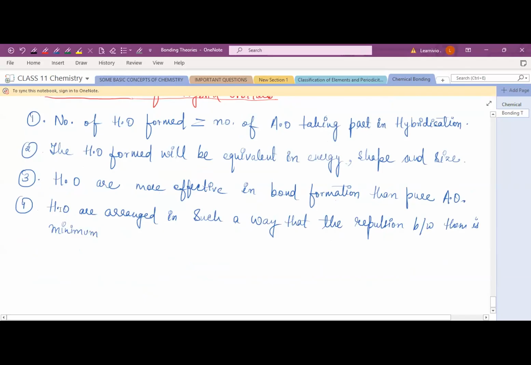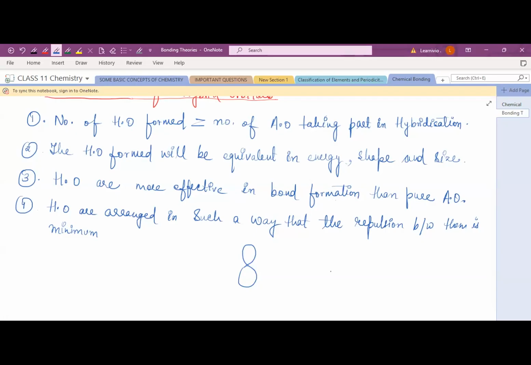Yeah. So I just said that hybrid orbitals are more effective in bond formation than the pure atomic orbitals. See, in the pure atomic orbital, what happens? Sometimes they feel repulsion. The repulsion is maximum, and due to the repulsion, the bond formation doesn't take place. So that's why hybridization happens, there intermixing of atomic orbitals occurs, and the hybrid orbitals are formed.